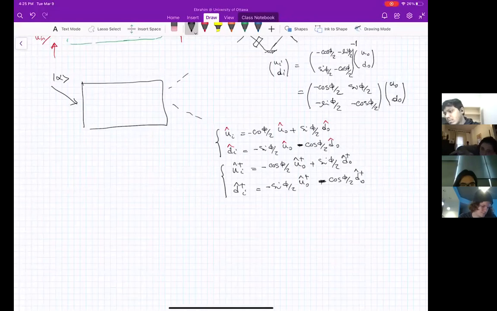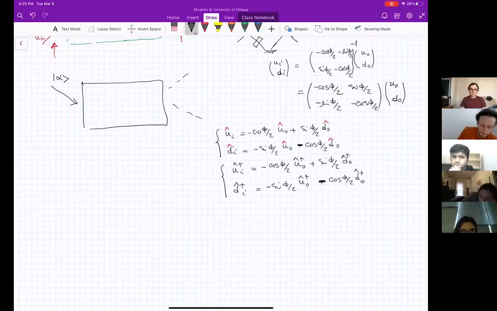Good. So I want to go for a coherent state input to the port. I can go for two photons as well; it's up to you really, whatever you wish.